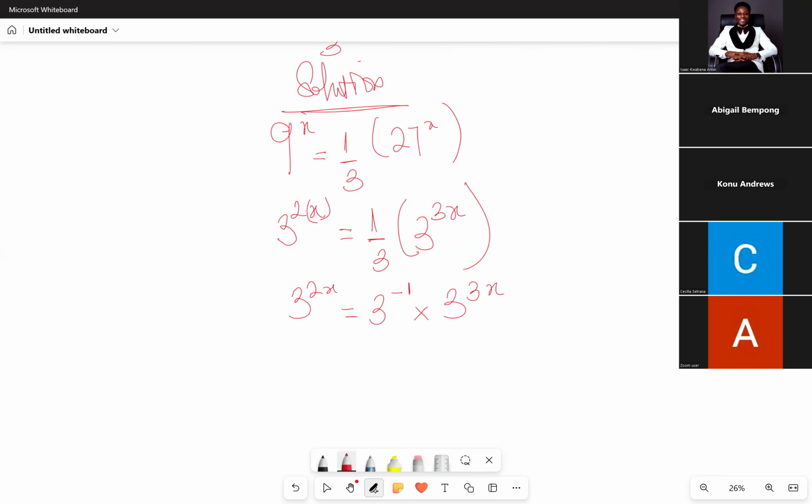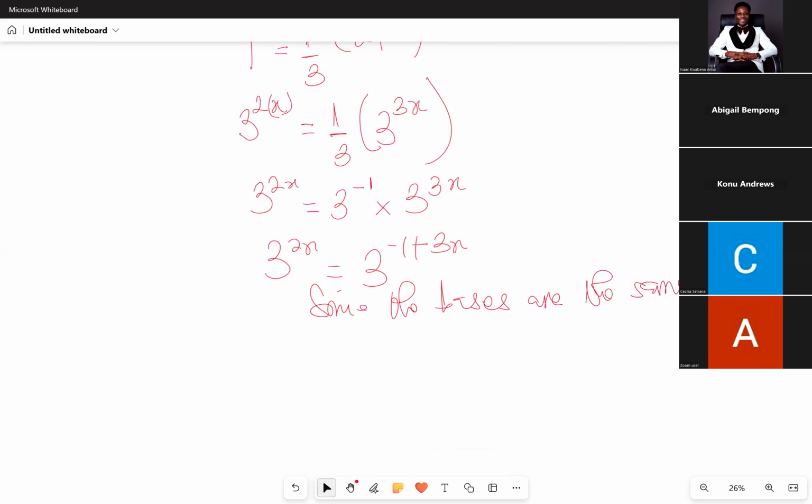There should be a reason why you are adding them. So here it will be 3 exponent negative 1 times 3 exponent 3x, so the exponents add. Since the bases are the same, you have 2x equal to what? Minus 1 plus 3x. Now you group them, right?